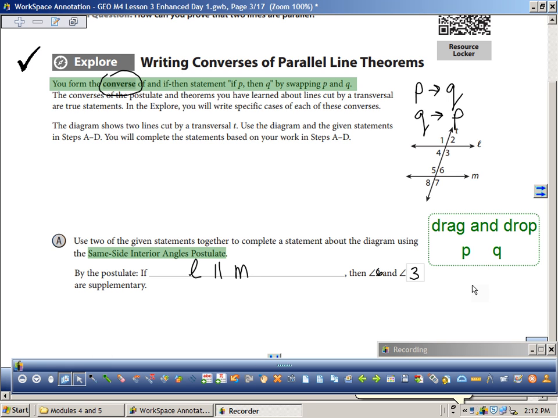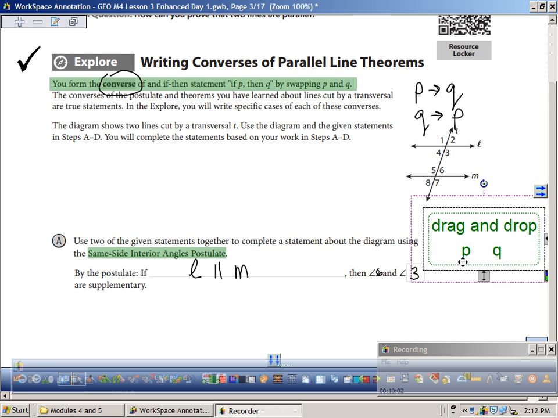Which one's the P? Where would I put P? What does P go with? If I say if P then Q, which part of this statement is my P?